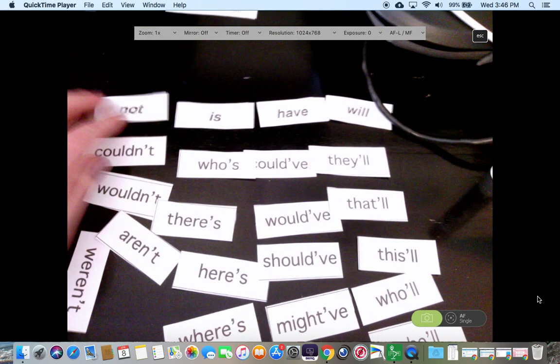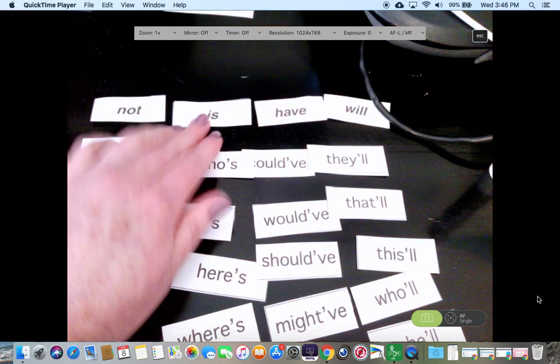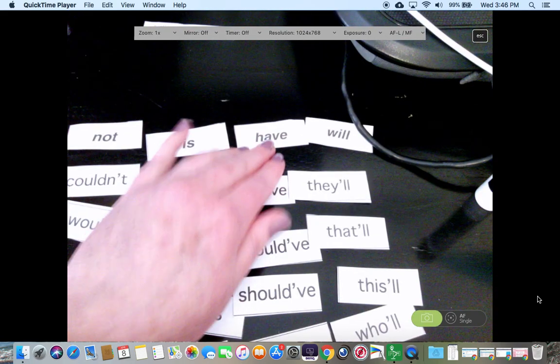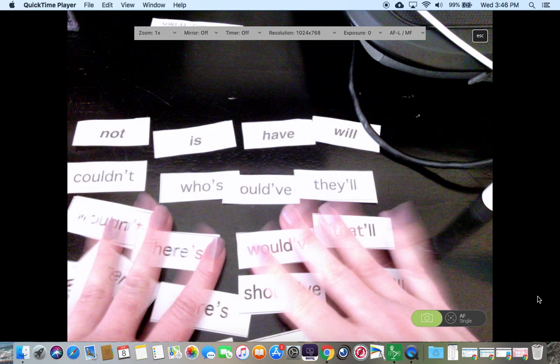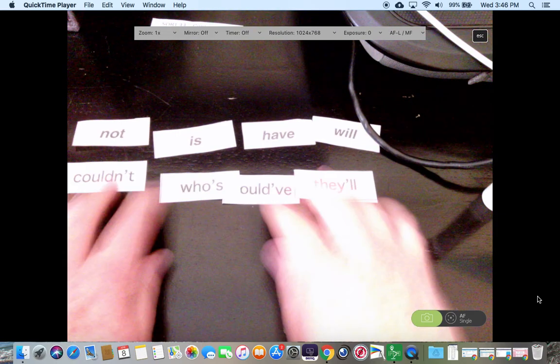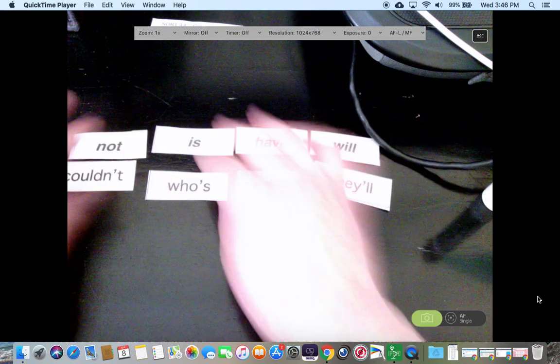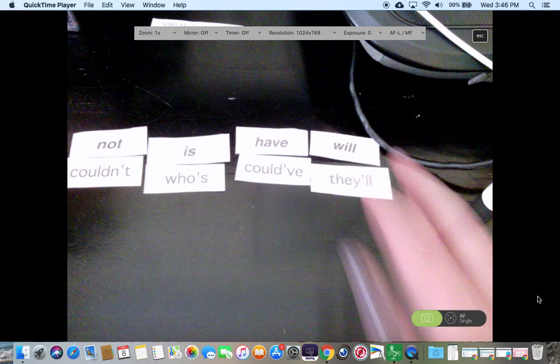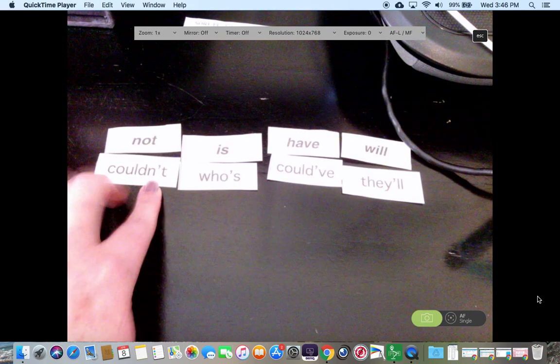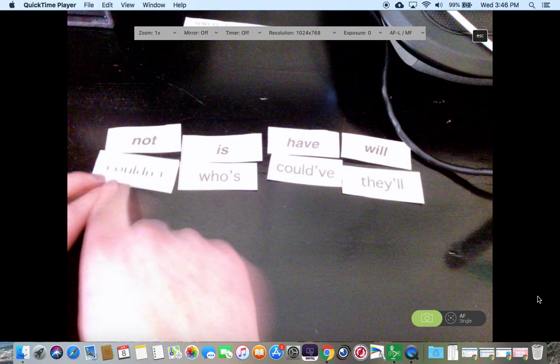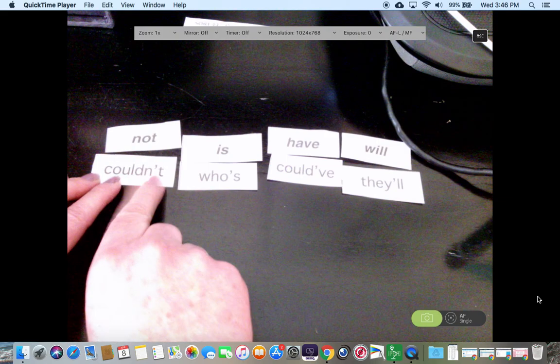So again, we're looking at our sort here for words: contractions with the word not, contractions with the word is, contractions with the word have, and contractions with the word will. The first set of words that we worked with before, I have sorted already. Couldn't, because couldn't is a contraction made with the word not. Couldn't is short for could not.